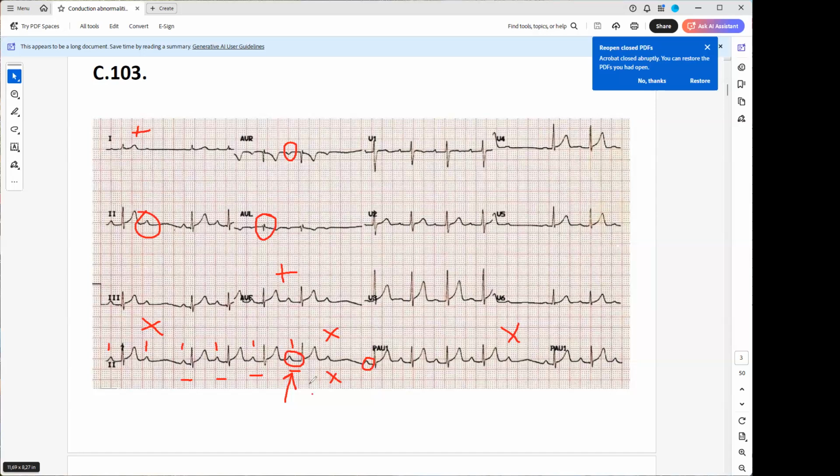This is why you compare the last one to the first one; this is what you should use all the time. Okay, last and the first. Good. Width of the QRS is normal. Yep. Okay. Thank you. Next one.